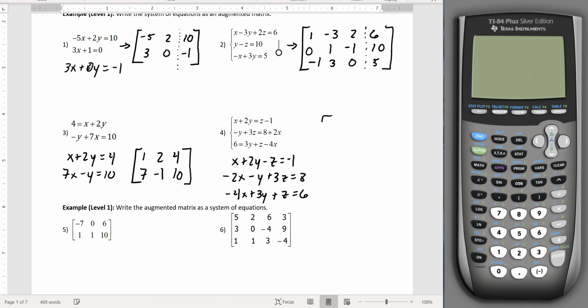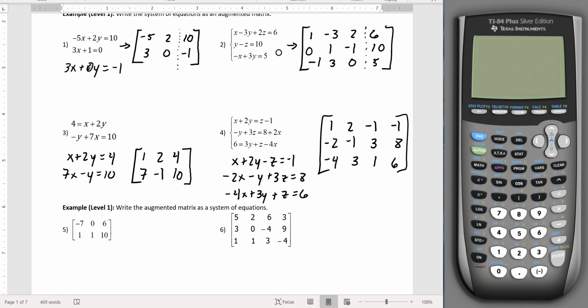So as a matrix, what would that look like? Well, 1, 2, negative 1, negative 1, negative 2, negative 1, 3, 8, negative 4, 3, 1, 6. There we go. So these matrices are used to represent systems of equations.